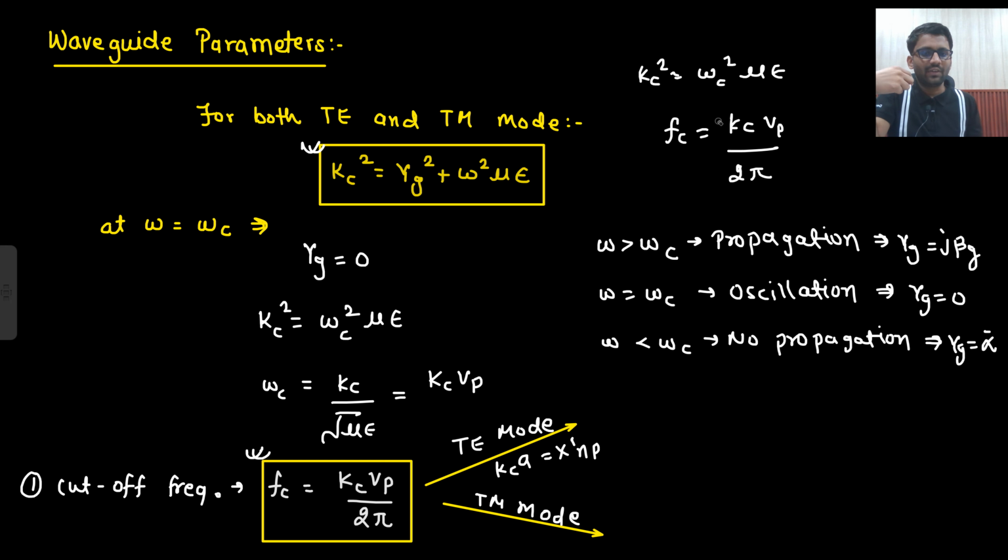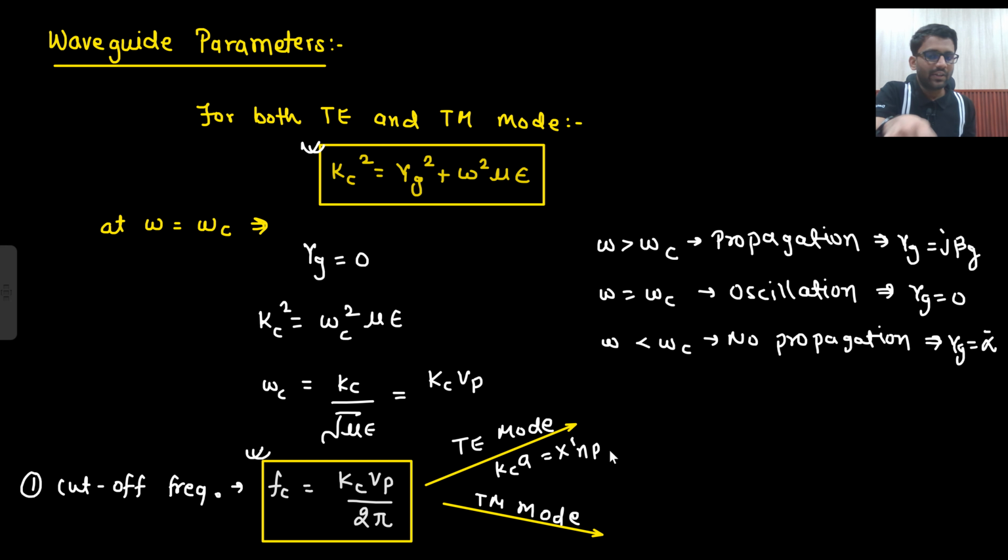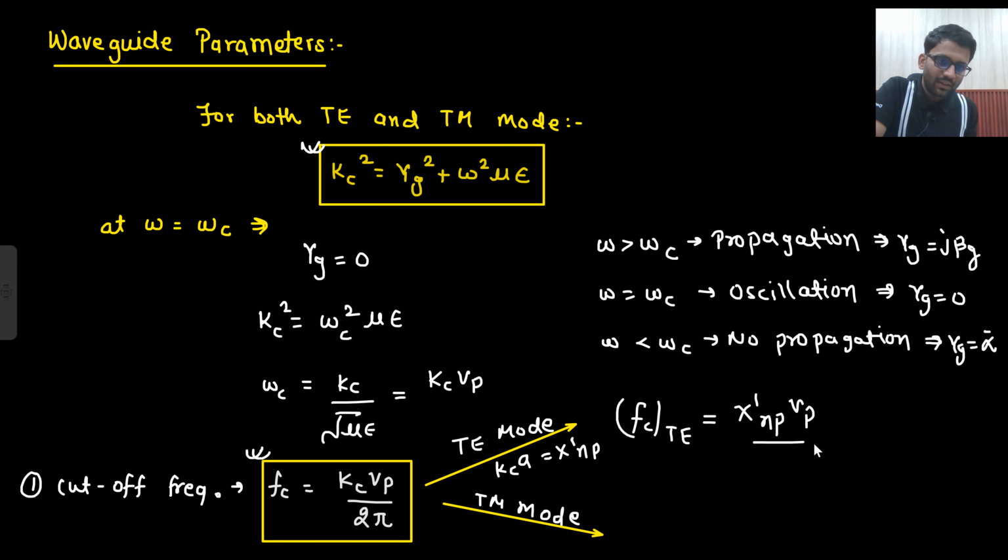But after that, what will be your Fc value? For TE mode, your Kc value is X dash Np by A. So your Fc cutoff frequency for TE mode would be X dash Np into Vp divided by 2 pi A. Are you getting this point? And what will be your Fc for TM mode?